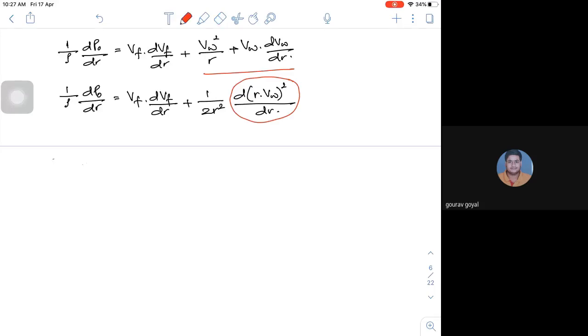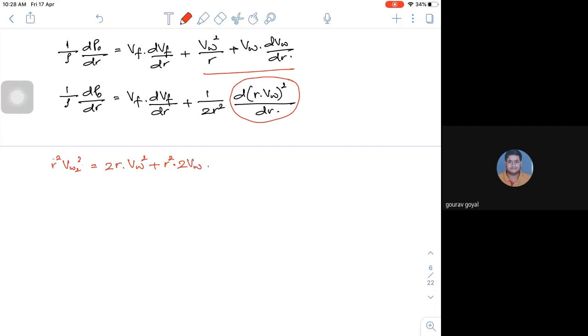I can write it as r square into Vw square. If I differentiate it, the first quantity is 2r into Vw square plus r square into the differentiation of the second component, that is 2Vw.